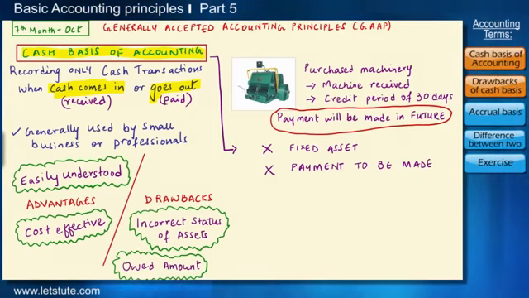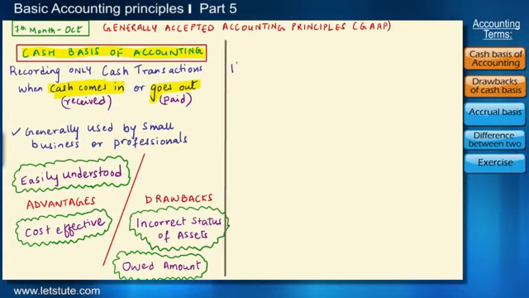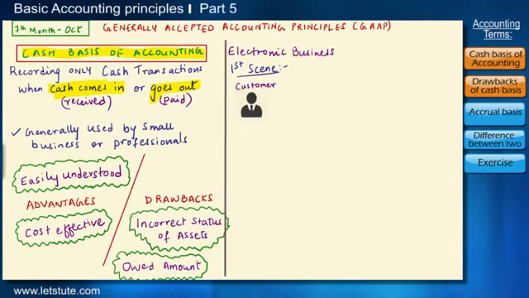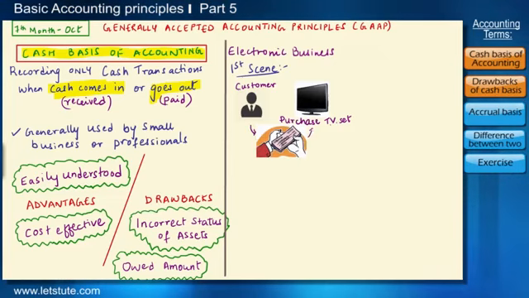Let me tell you another problem that could arise because of cash basis of accounting. So imagine there are 2 scenes here. Let's say we are talking about an electronic business. So there's a customer who purchases a television set for a specified price by giving a post-dated check, which will clear in about 15 days.